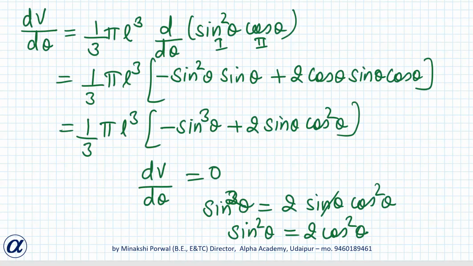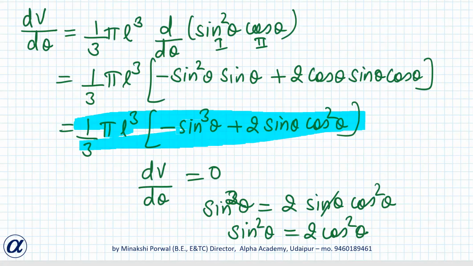So the first derivative was this. Now we have to double differentiate it, and at that point we have to prove that it is less than 0. Are you getting what I am doing? Yes.